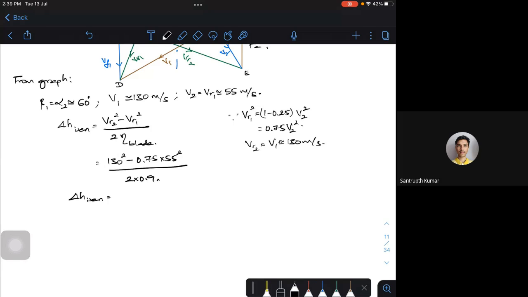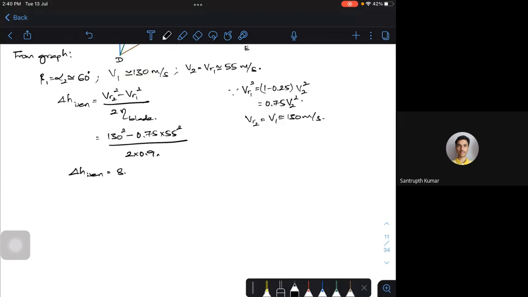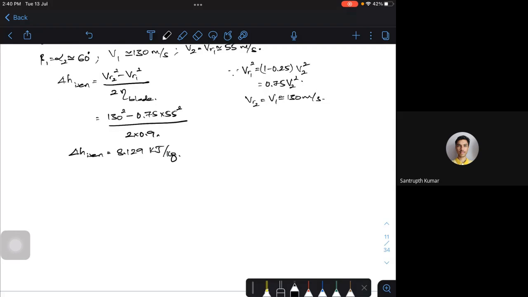0.75 into 55 square, divided by, okay, I am getting around 8,128 joules per kg, so around 8.129 kilojoules per kg, or 8,129, around that.